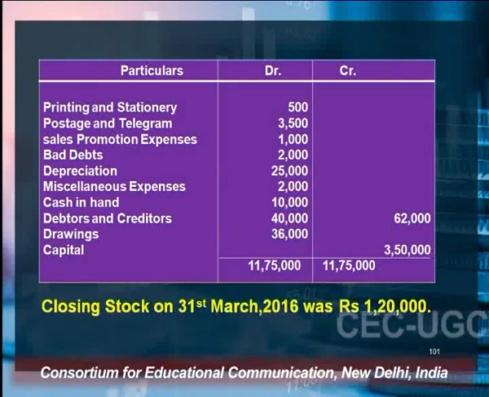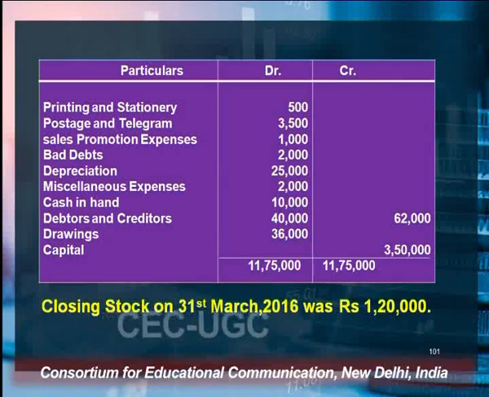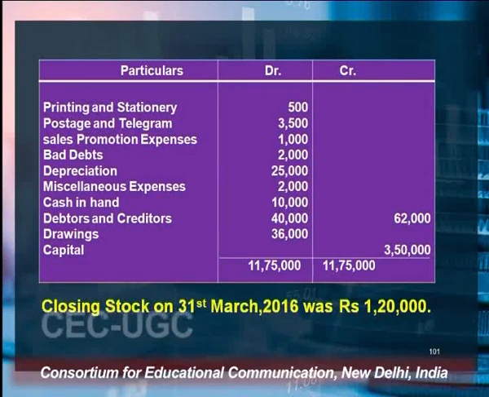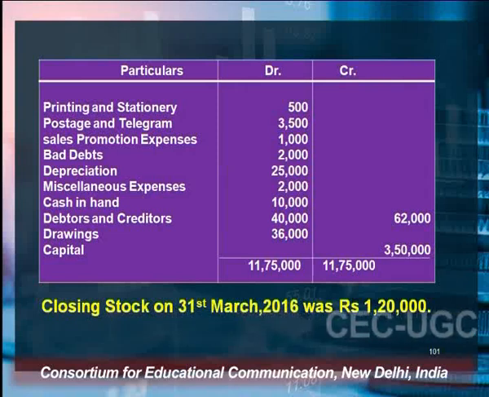The items which appear outside of the trial balance, in this case closing stock, which is given outside of the trial balance, have to be posted at least at two places. So the closing stock will be shown in the trading account as well as in the balance sheet.